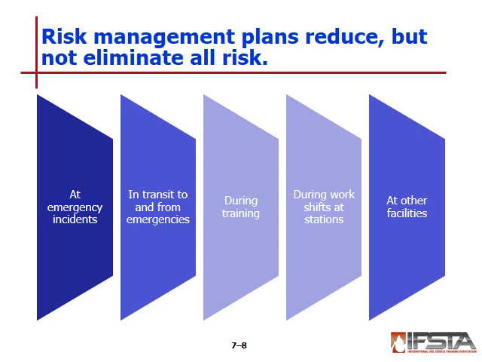Risk management plans can reduce risk, but not all risks can be eliminated. Unfortunately, casualties can occur at emergency incidents, in transit to and from emergencies, during training, and during work shifts at the station or other facilities.